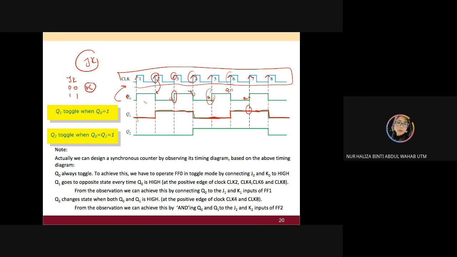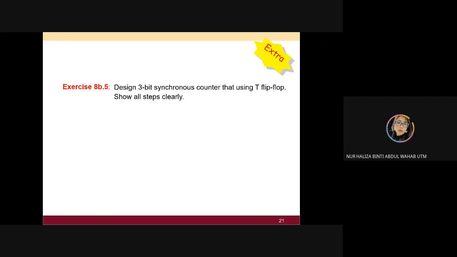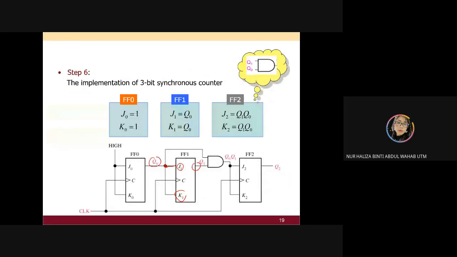Now you're going to refer to your Q1 and Q0. At this clock, you're going to see, okay, now your input will be Q1, Q0 AND, okay?